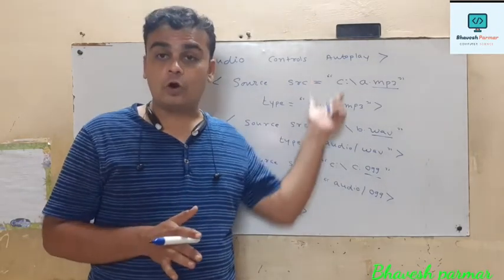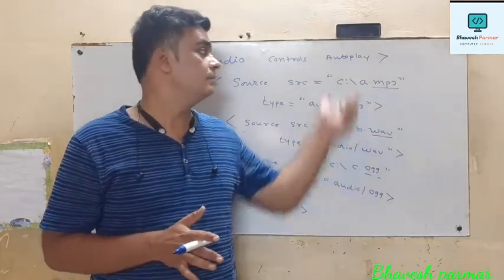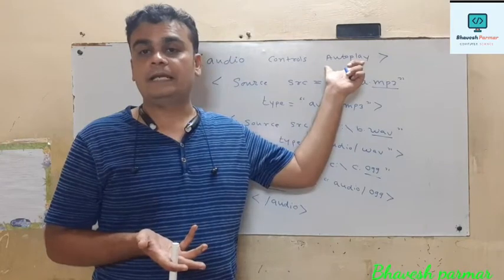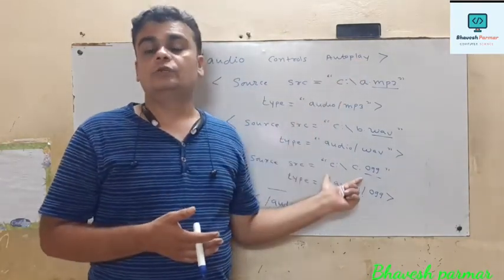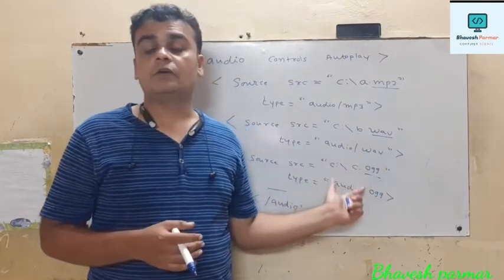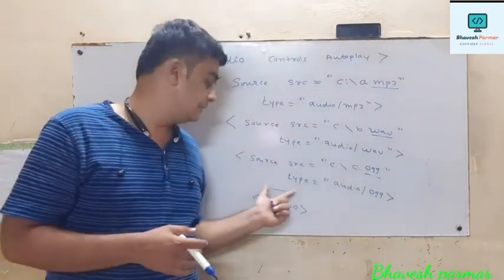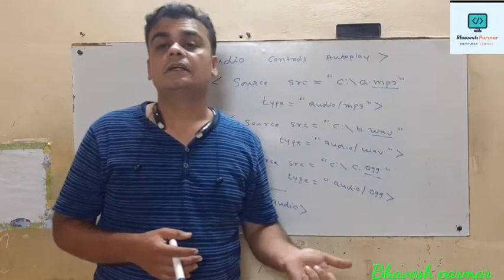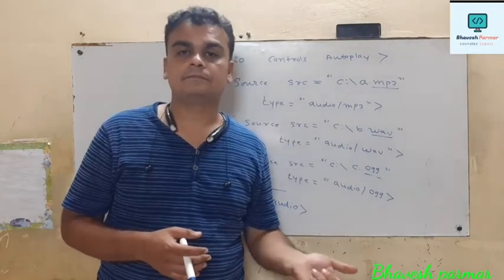If you wish to play all these audio files at the same time, we are already using the autoplay attribute, so you will get a mixing of all the audio formats. But if any one of the formats is not supported, then an error message is displayed on your screen.